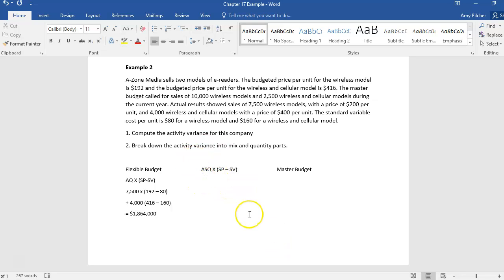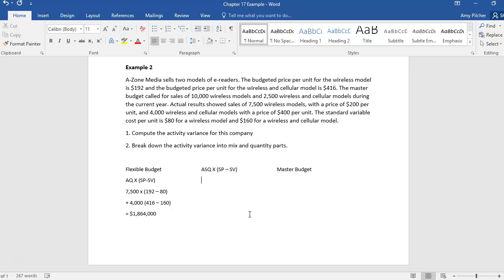Now, if we look at our actual sales mix that we were looking at, we had sales of 10,000 versus 2,500. So we were going to look at a total of 12,500 with our sales mix.